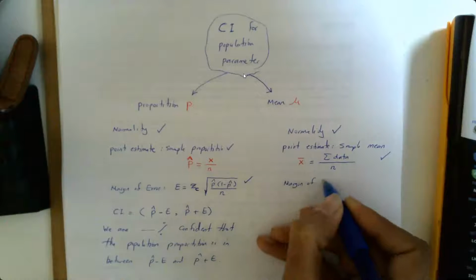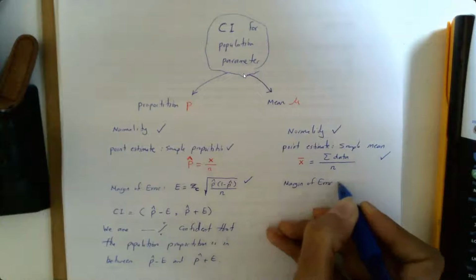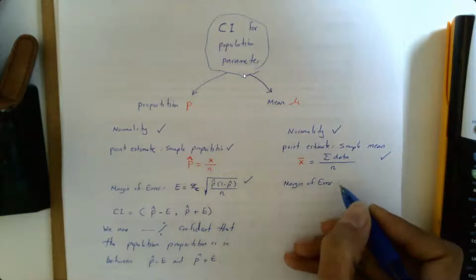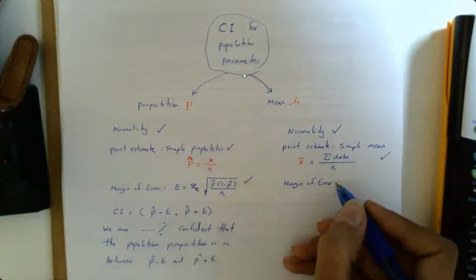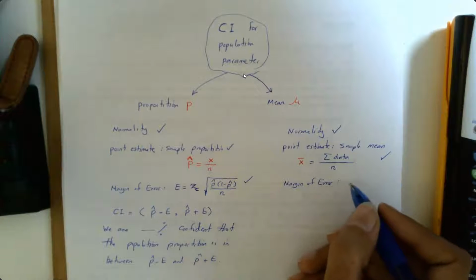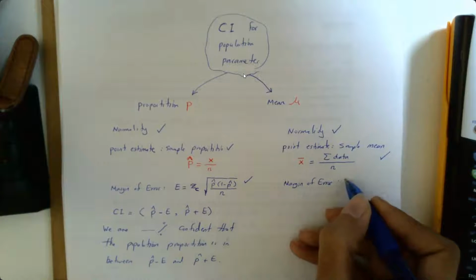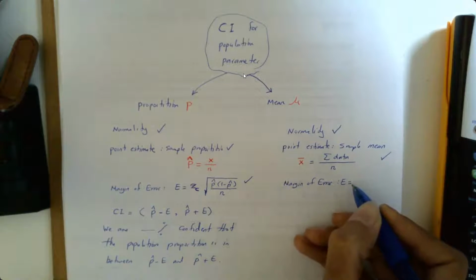The margin of error. Remember that in reality, sigma, or population standard deviation, is not given to us. So to find the margin of error, we're going to use the sample standard deviation.